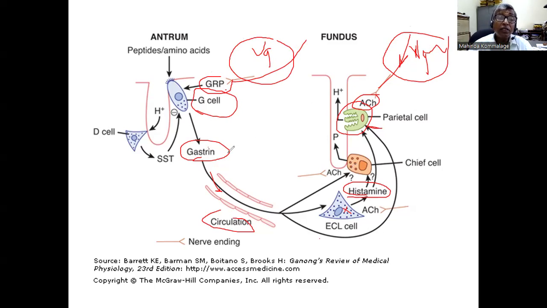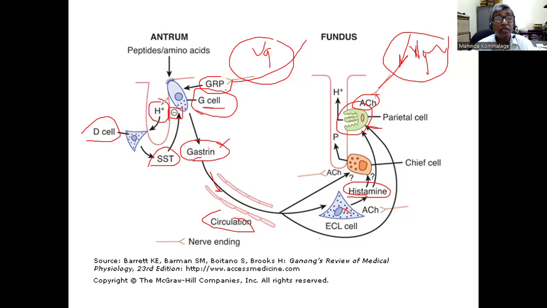Then for these gastrin hormone producing G cells, there are some stimulatory and inhibitory factors. Vagus nerve is stimulatory and there are inhibitory factors also coming from cells called D cells, and this substance will come and inhibit the G cells. Here you can see inhibition. All this GRP is stimulatory and this is inhibition. This inhibition operates when the acidity increases.